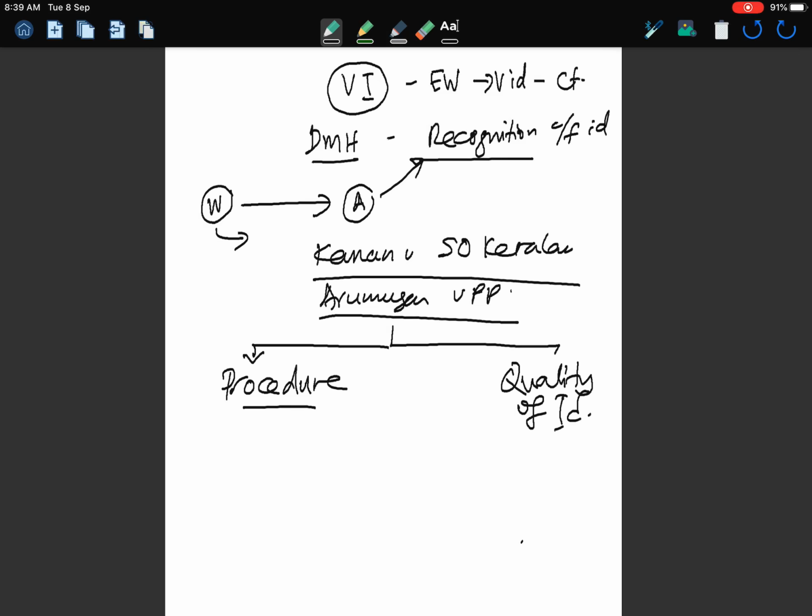Now, bear in mind, the moment you have visual identification as your issue, either in your practice or in your questions, you've got to identify whether the issue you are concerned with falls under the procedural issue or under the quality issue.